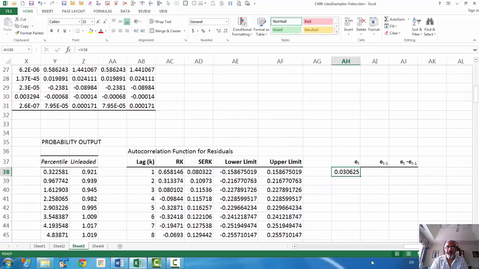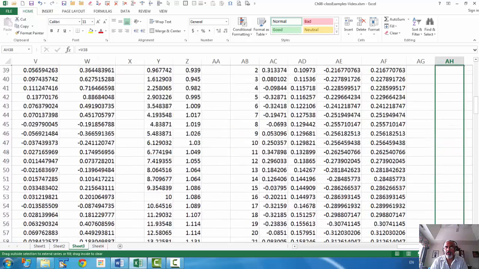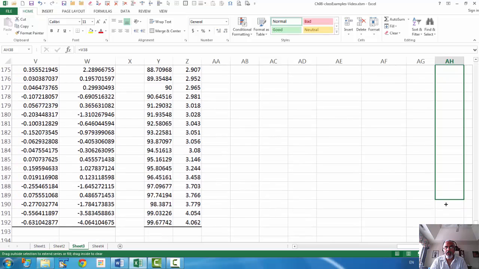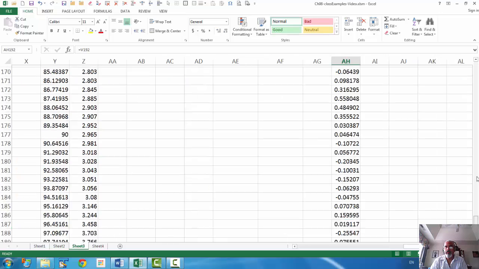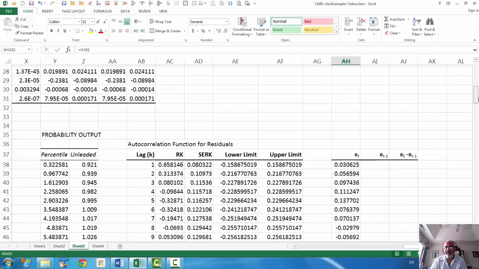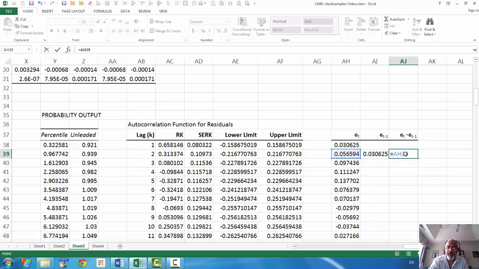We will copy those up to that point. Next, we need to lag these by 1 period, like that, and then find the difference, e sub t minus e sub t minus 1.